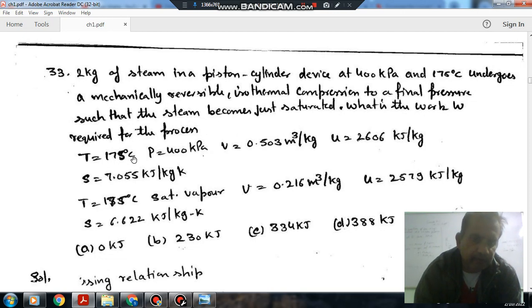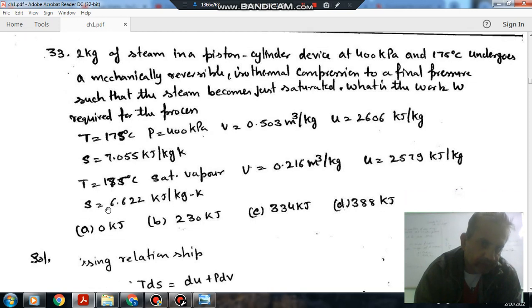At T equal to 175 degrees Celsius, P equal to 400 kPa: V is equal to 0.503 meter cube per kilogram, U is equal to 2606 kilojoule per kilogram, S is equal to 7.055 kilojoule per kilogram per degree Kelvin. And the second condition: T is equal to 175 degrees Celsius and saturated vapor.